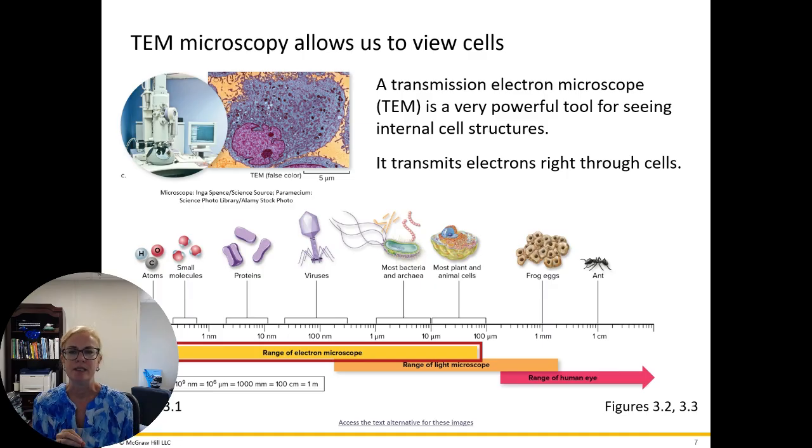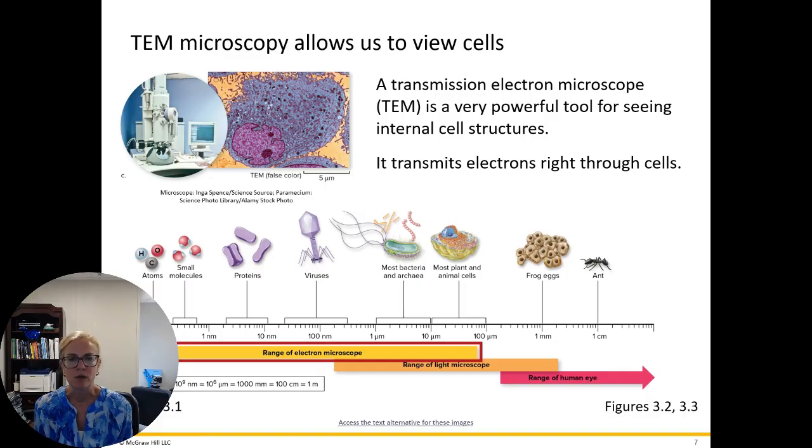So it's not actually seeing the image, it's reading what the electrons are doing in order to create an image. The images are black and white, but a lot of times they'll appear in color because they are later colored using different techniques, with programming that recognizes certain frequencies of those electrons and colors them certain colors. It just allows you to differentiate cell structures or tiny structures a little more clearly.